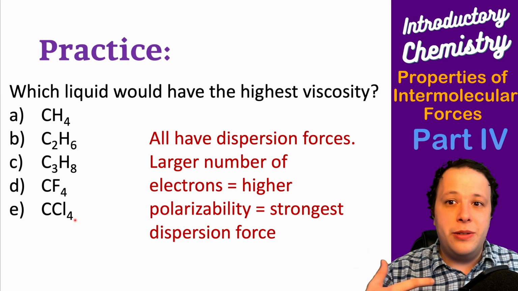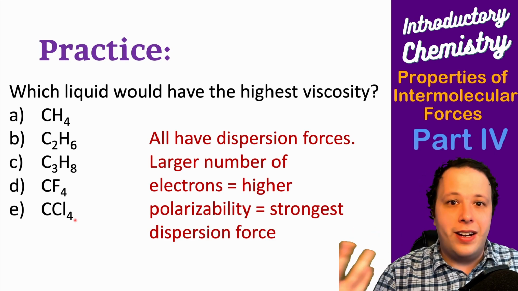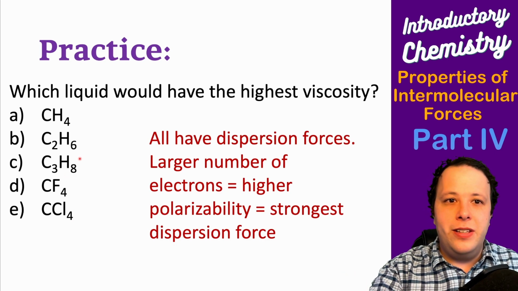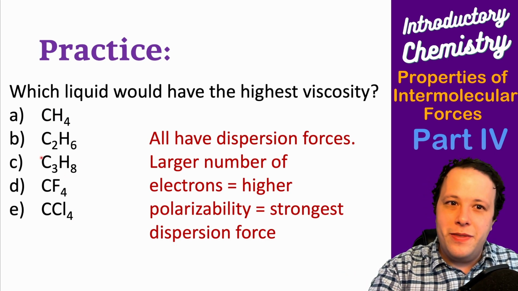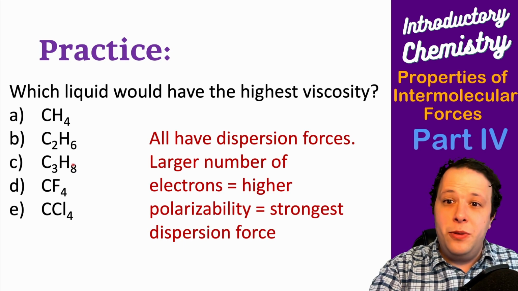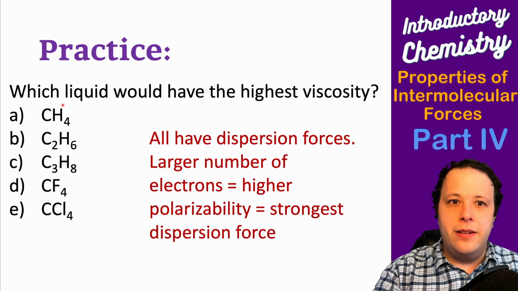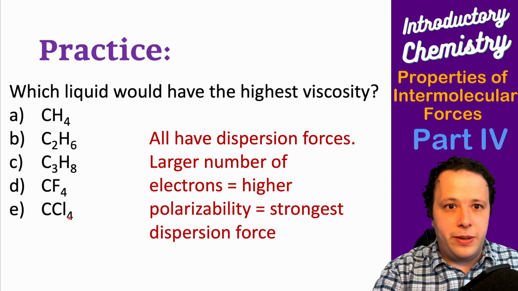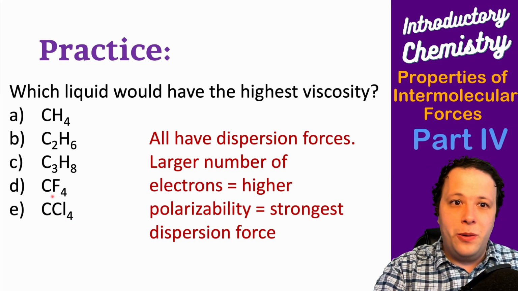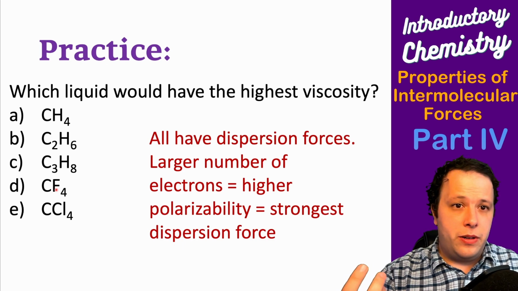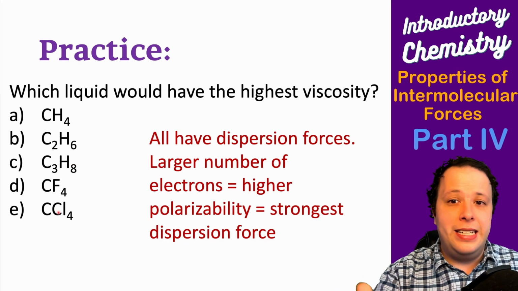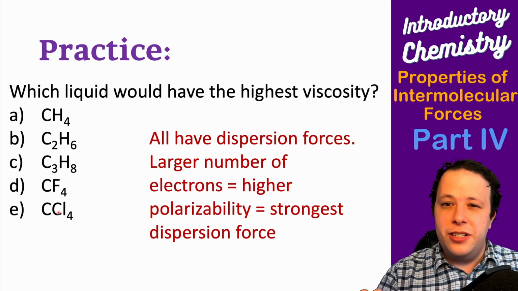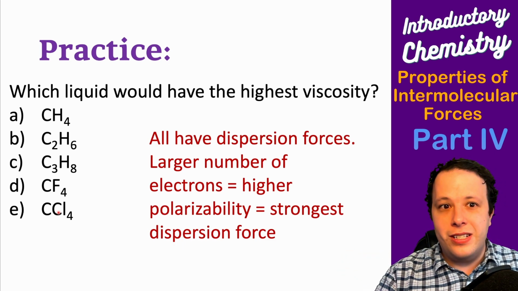Well, you're going to try to see which one has the most electrons, or the highest molar mass is another way of looking at it too. So out of all these, going from A through C, C would be bigger than B and A. But what about with these other two compounds down here? They're a little different. Well, CCl4 is bigger than CF4, so you're pretty much comparing C and E. Looking at them, each chlorine has 17 electrons.